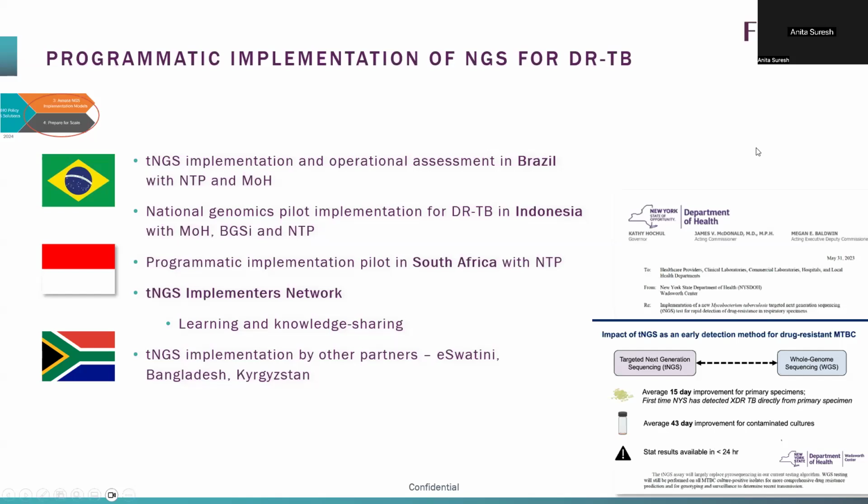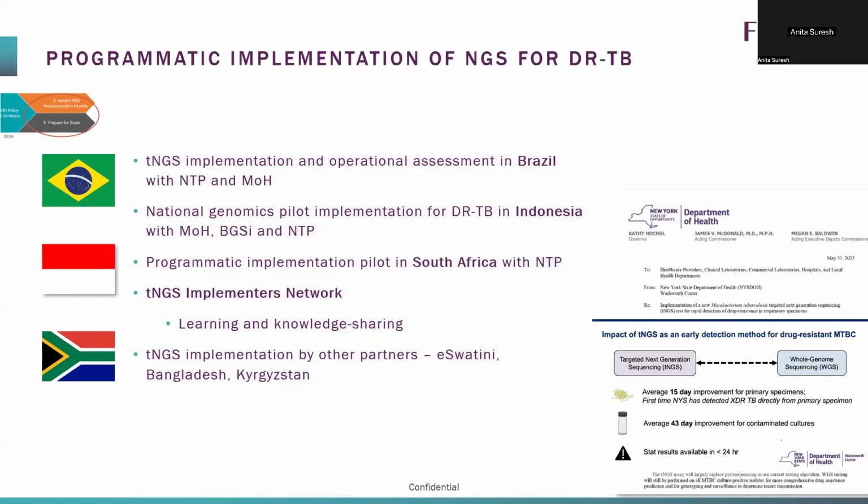And this is more an example, since I'm also presenting it in Singapore, just to talk about New York State as an example, where in 2023 they approved the use of targeted NGS for rapid detection of drug resistance in respiratory specimens.